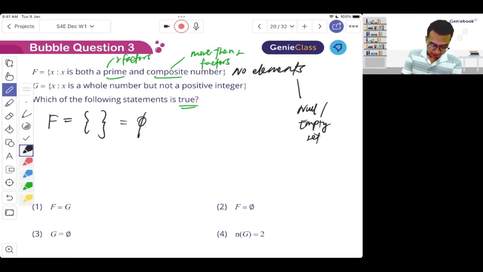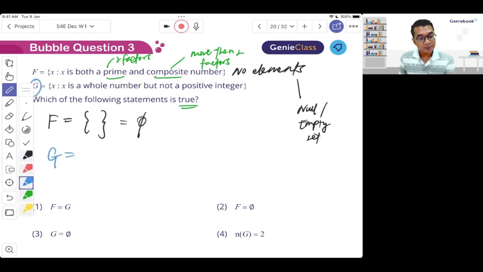Okay? Now, let's look at G. Now, what number is a whole number but not a positive integer? So, let me ask you, a positive integer starts from which number? What is the smallest positive integer? An integer is a number with no decimal places. Okay, so what's the smallest positive integer?